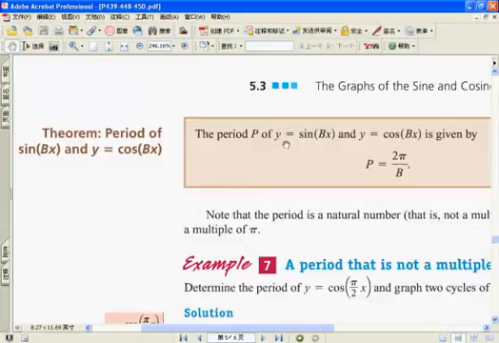So if you have the function y equal to sine of bx and the function y equal to cosine of bx, where b is a positive number, then the period of these two functions is given by this formula, 2 pi divided by the coefficient of the independent variable b. Okay, here we need b to be positive.